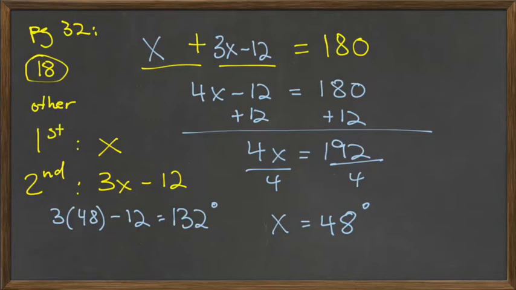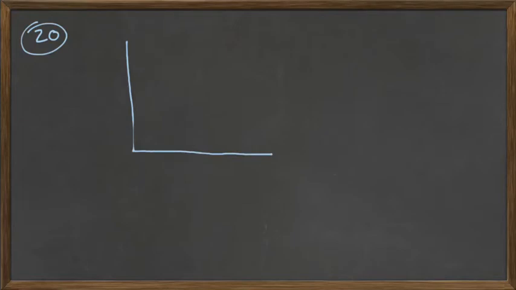Now, in the book, like number 19, this is kind of self-explanatory, or let's take a look at number 20. They give you the picture here, and they say this is 2x plus 15 and 10x plus 36.